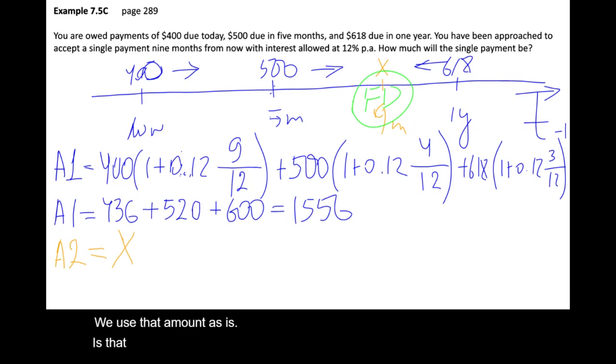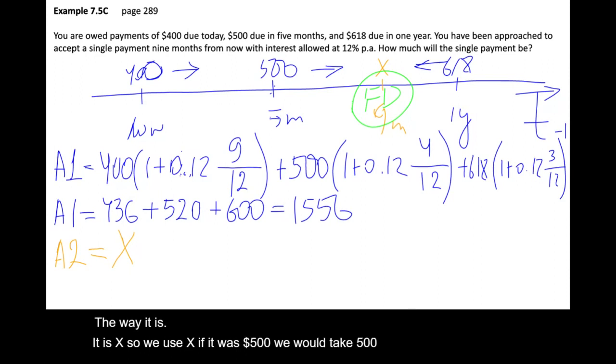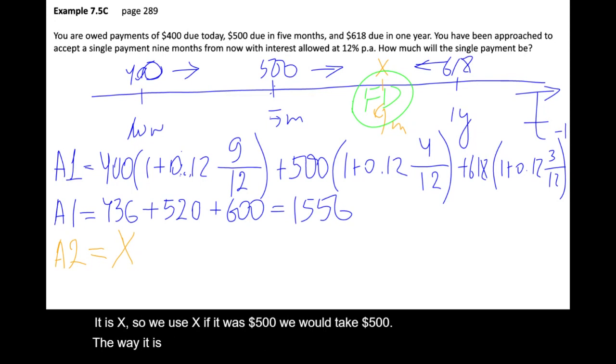Is that clear? It is X, so we use X. If it was $500, we would take $500. The way it is presented in focal date, that's the way to use it.